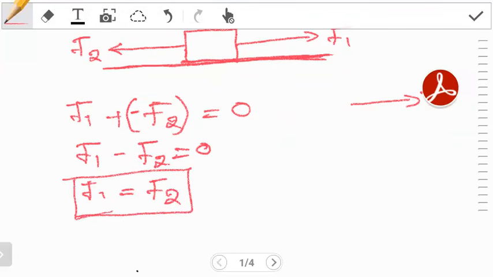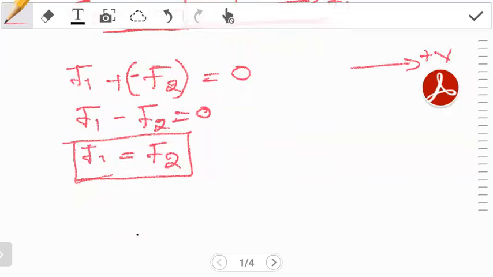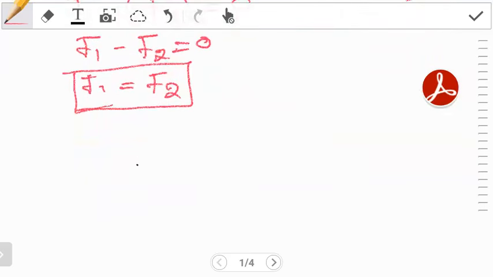Now, what you should keep in mind is this summation we're dealing with, we are adding vectors. So F1, F2, or mg, the weight, and so on, these are forces, and force is a vector quantity. What that means is force has both magnitude and direction.